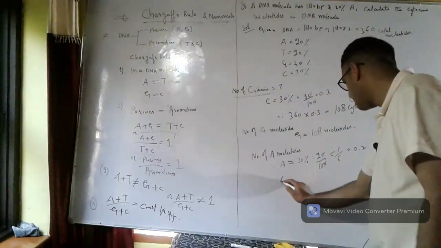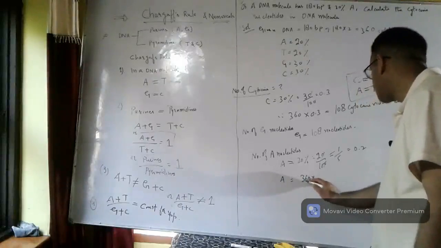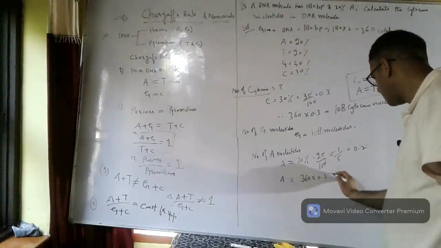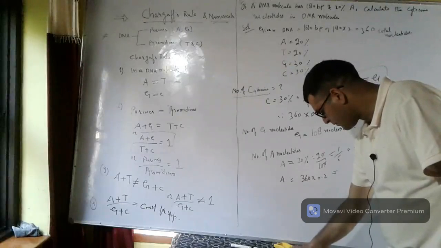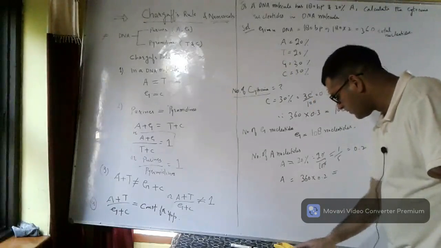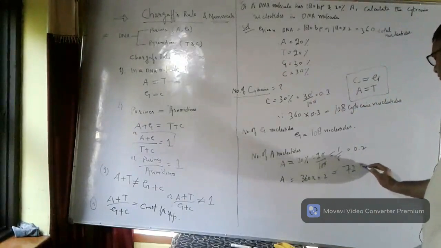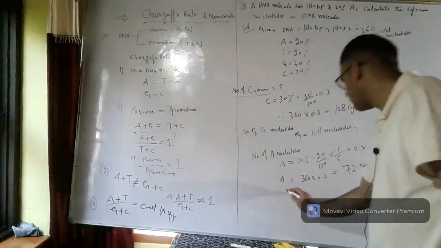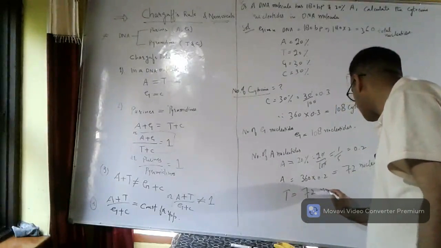Therefore, the number of adenine nucleotides is the total nucleotides, 360, into 0.2. What would be the value? That is 72 nucleotides. Adenine would be 72 nucleotides. Therefore, thymine is also 72 nucleotides.